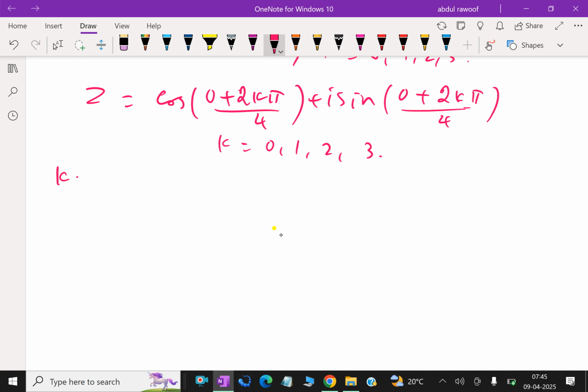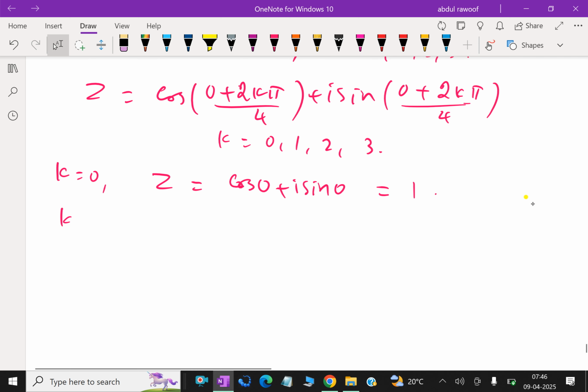First, k = 0, then z = cos 0 + i sin 0, which equals 1 because cos 0 is 1.